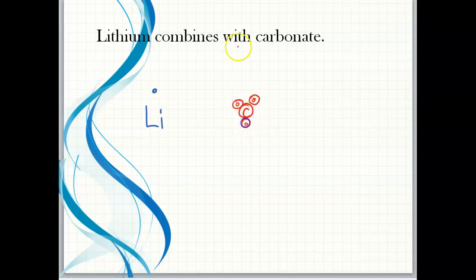I'll just write a reference. And it had a -2 charge. So we need to draw the number of valence electrons that it starts with. Remember, it wants to gain 2 electrons to get that 8. So that means it must have had 6 valence electrons because it's going to want to gain 2.